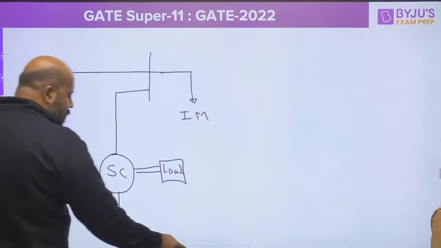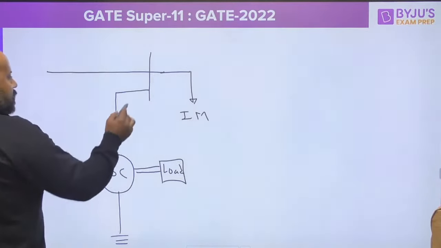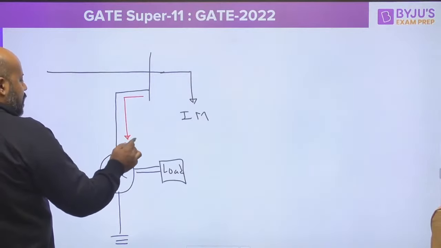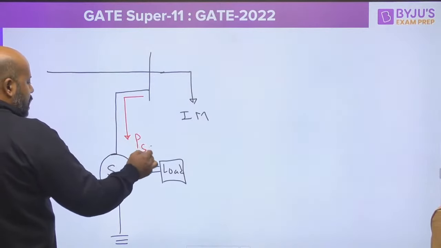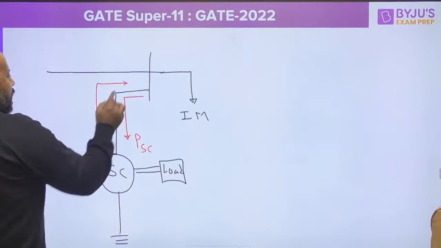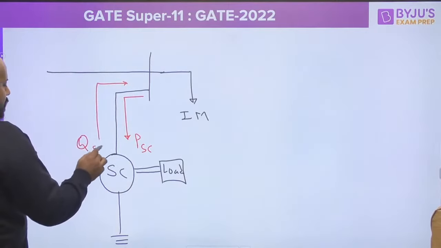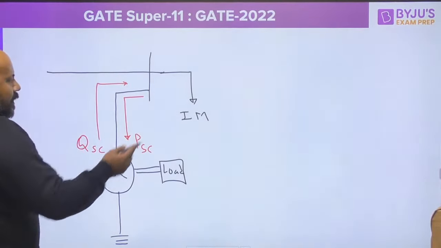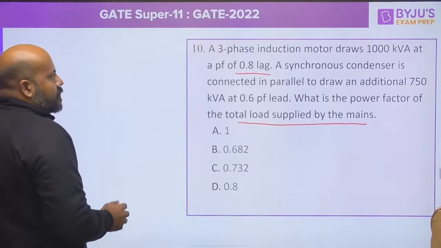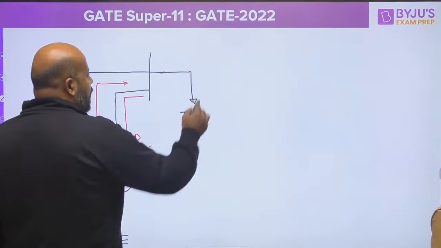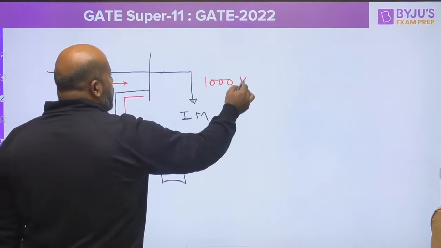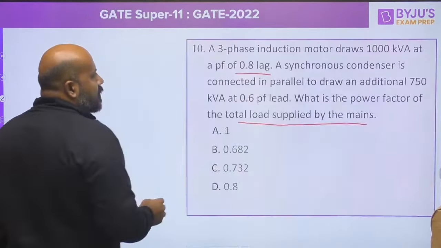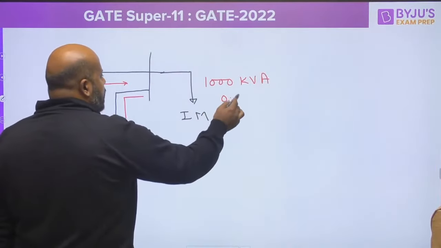Yes or no? So what synchronous condenser do? Synchronous condenser takes real power from the supply and supply lagging reactive power to the system, so that it improves the power factor. He is saying the induction motor is taking 1000 kVA and the power factor is 0.8 lag.